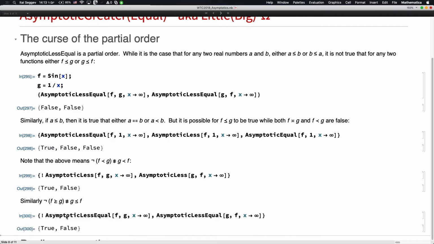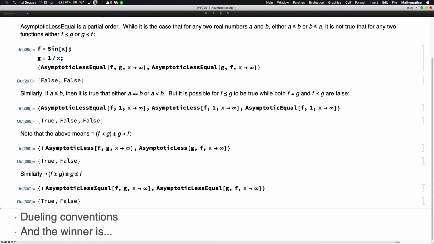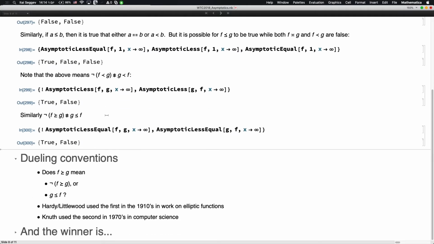Here, f is asymptotically less than or equal to 1, but it is neither less than 1 nor equal to 1 at infinity. So note in particular, this collection of facts means that the negation of f is less than g is not g is less than f. So here I have not asymptotic less of f, g and asymptotic less of g, f. The first one is true, the latter is false.